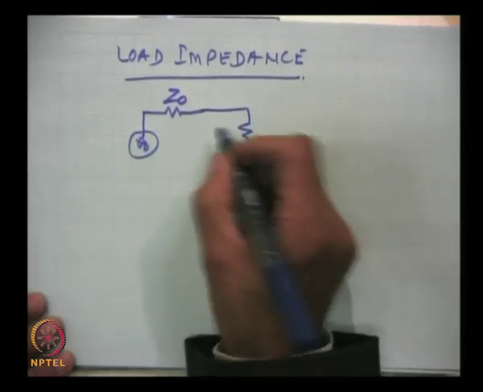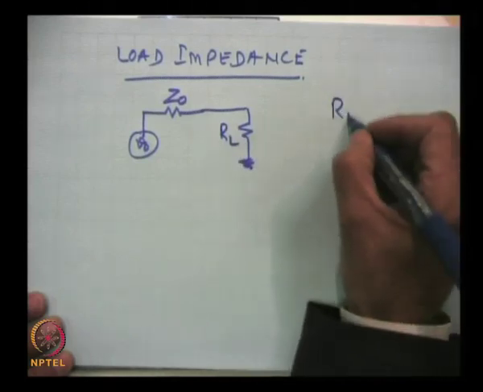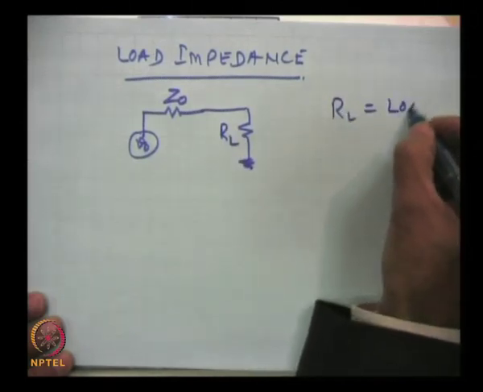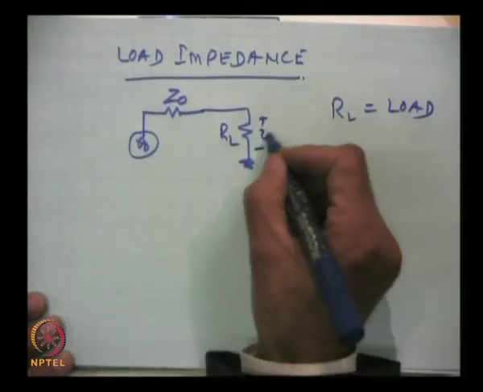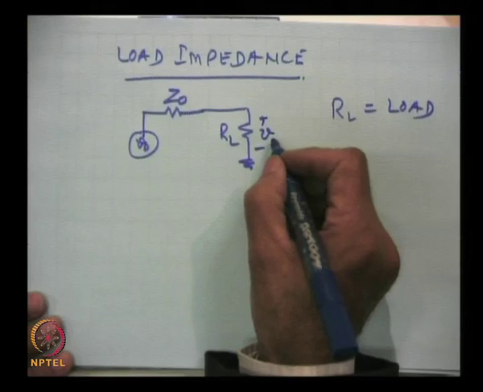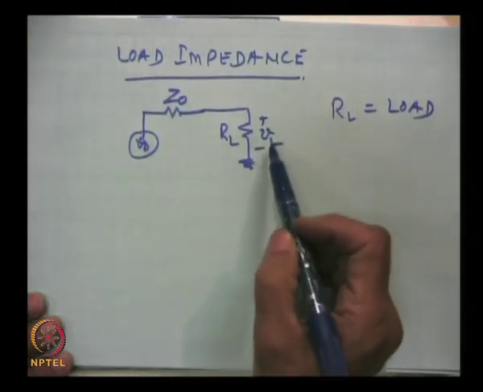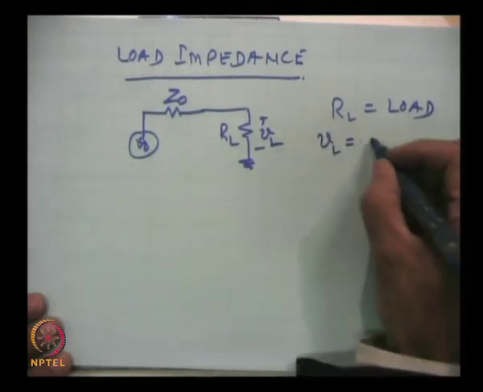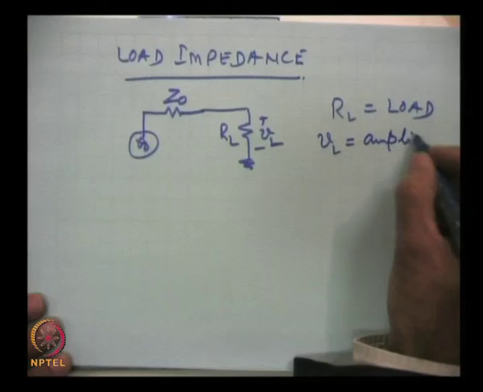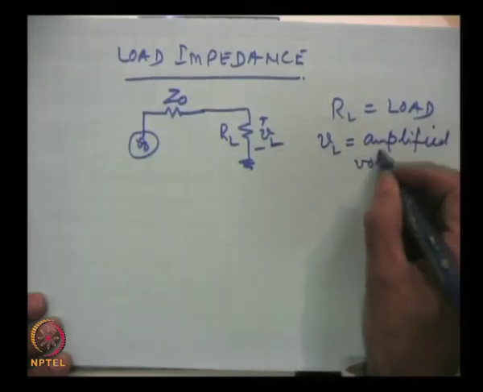This is R L, the load, and across R L we measure what we call the amplified voltage at the load, V L. V L is the amplified AC voltage.